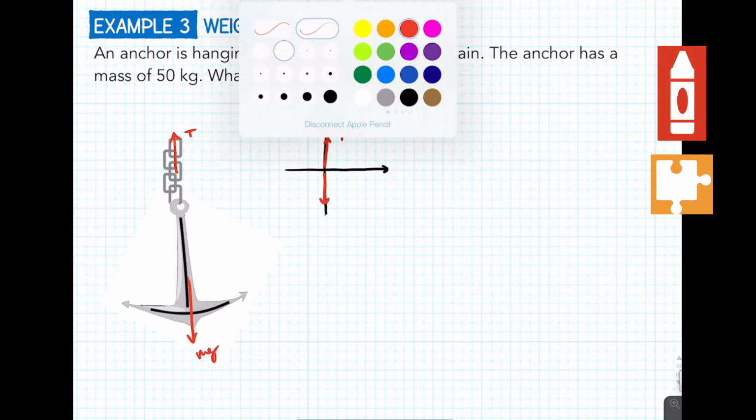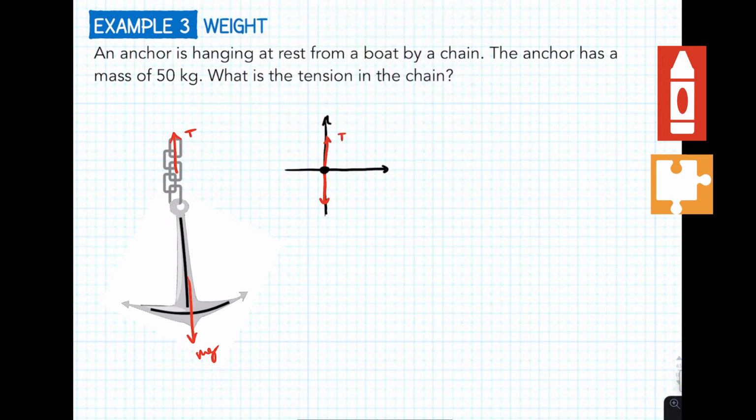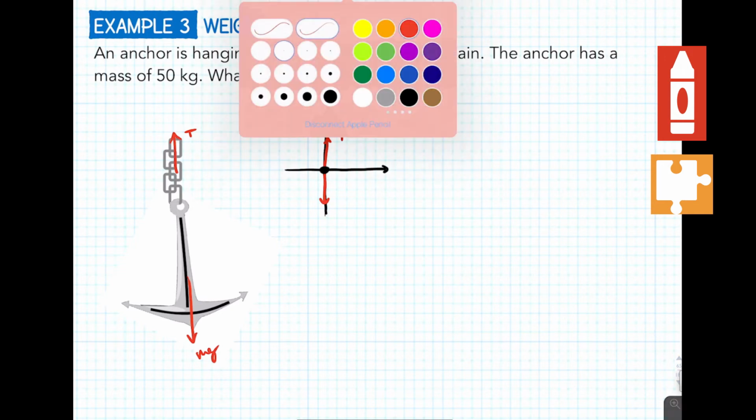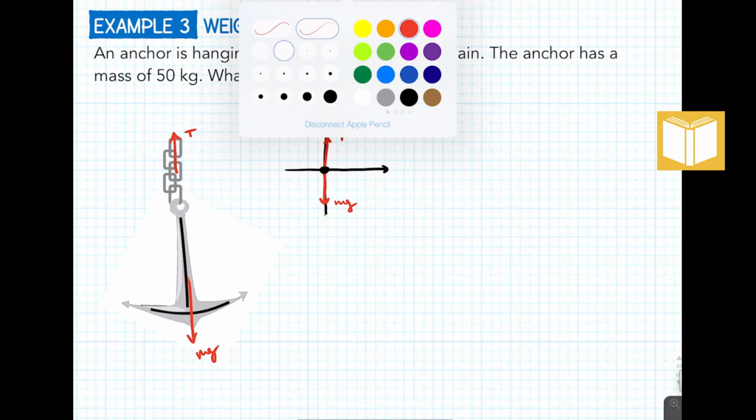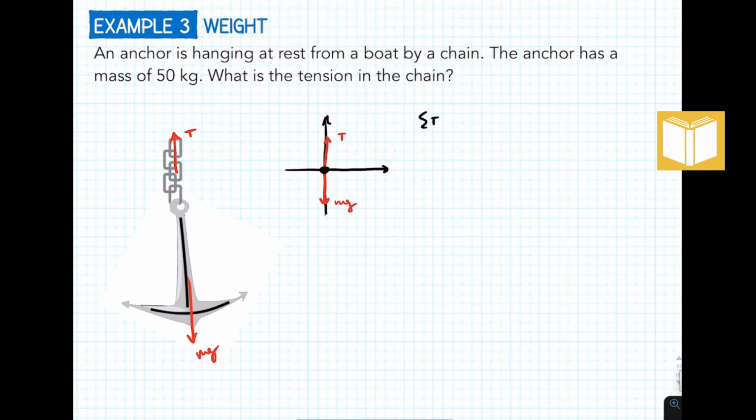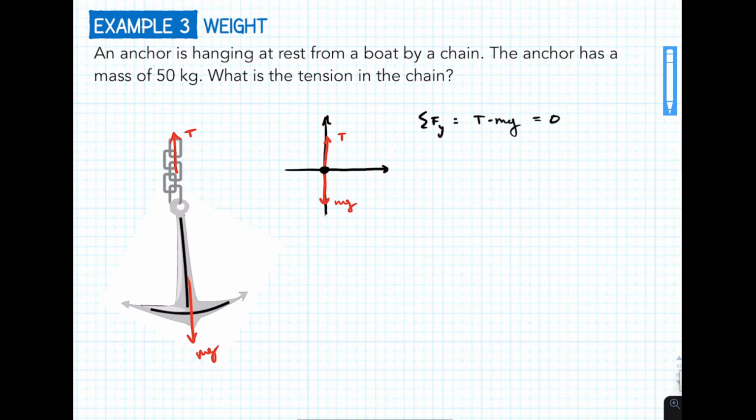Okay, sorry, big aside. So here is our free body diagram. And so if we sum up all of our forces in the y direction, that's going to be T minus mg. And what's the acceleration here? 0, it's just hanging out, okay? So that's going to be mass times 0, which is 0.